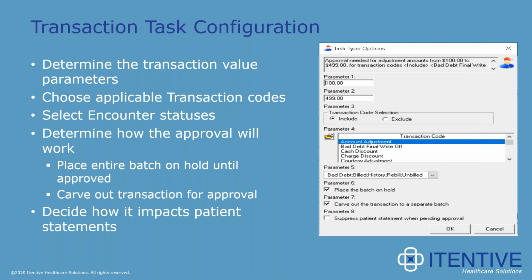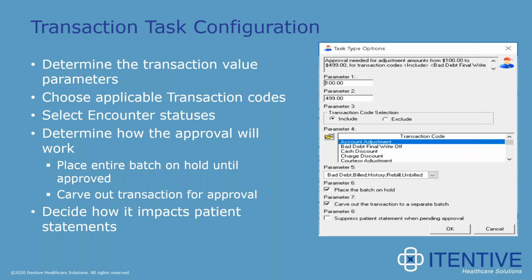You may not want to have to approve every Blue Cross adjustment over $100, but you may have a threshold for payer adjustments, and then a totally different threshold for transaction codes like cash discounts, charge discounts, courtesy adjustments, things I've shown you here in this example. And then what statuses, obviously, you have to determine.